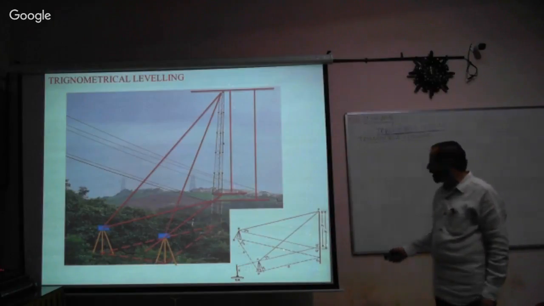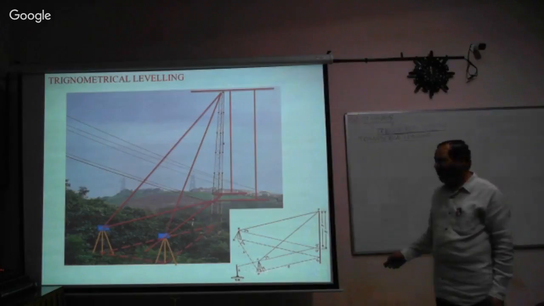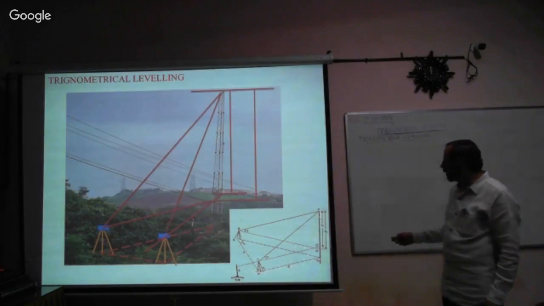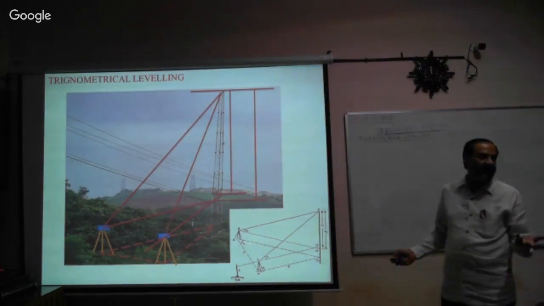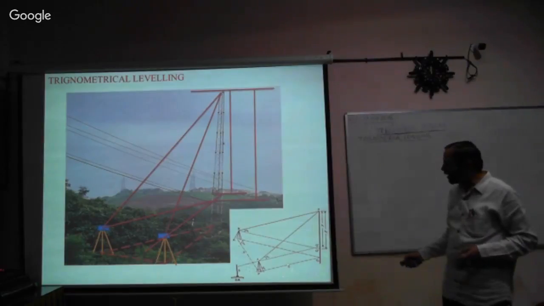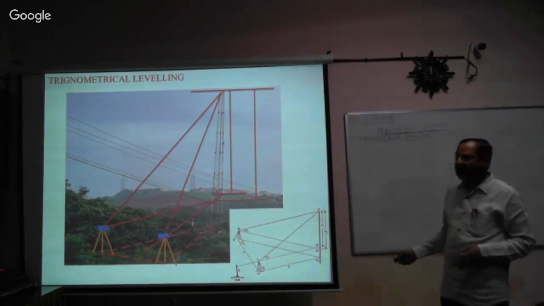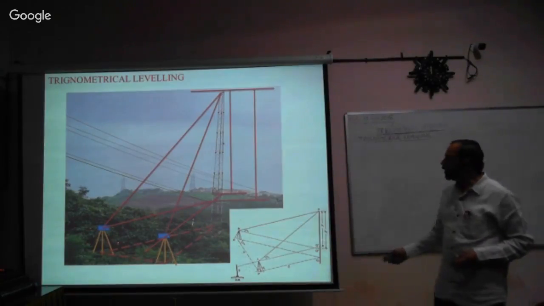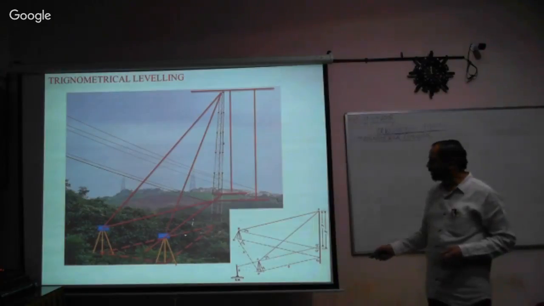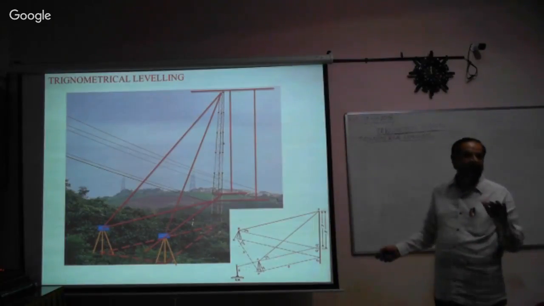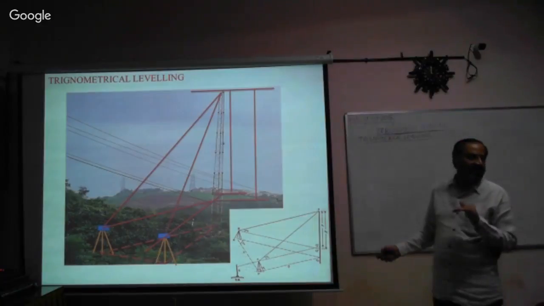Since the vertical angle is known, H1 can be computed. H1 is equal to D1 tan alpha 1, and H2 is equal to D2 tan alpha 2.